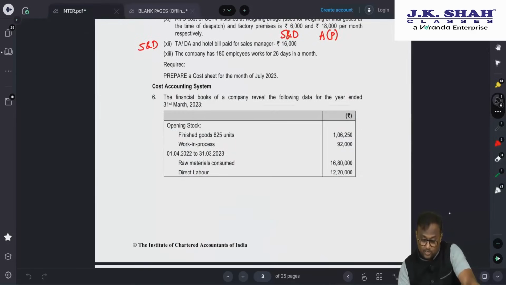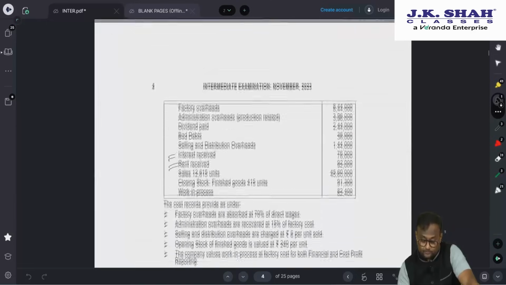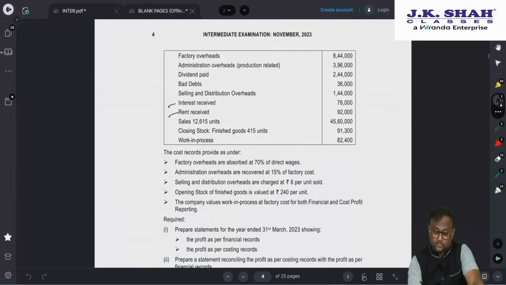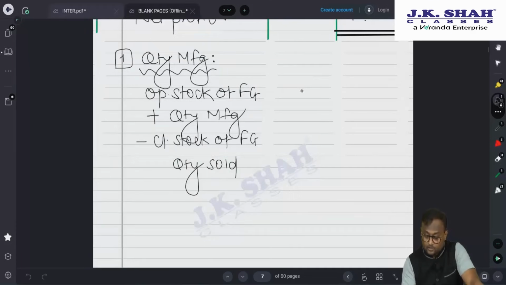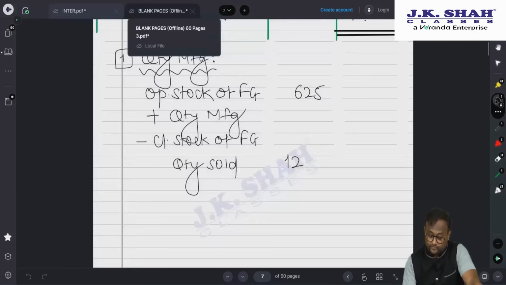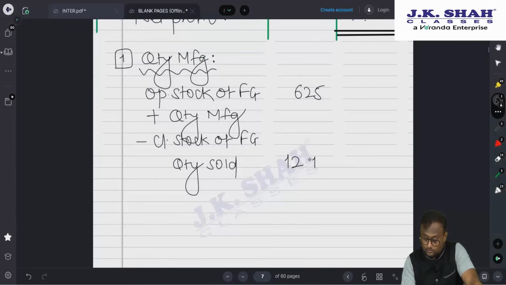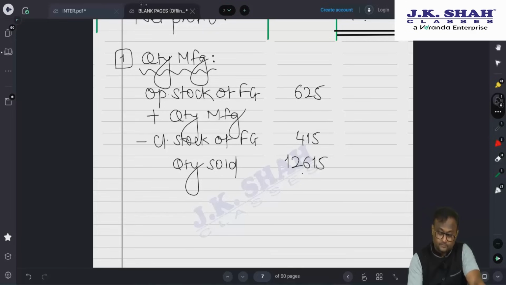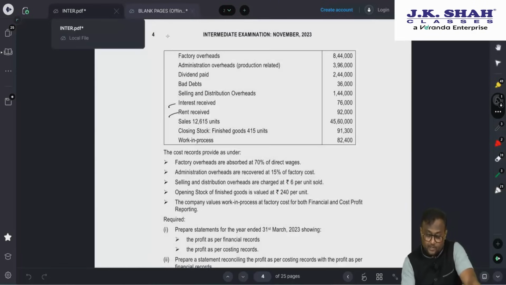Your opening stock quantity is 625, sales 12,615, and closing stock I think is 415.